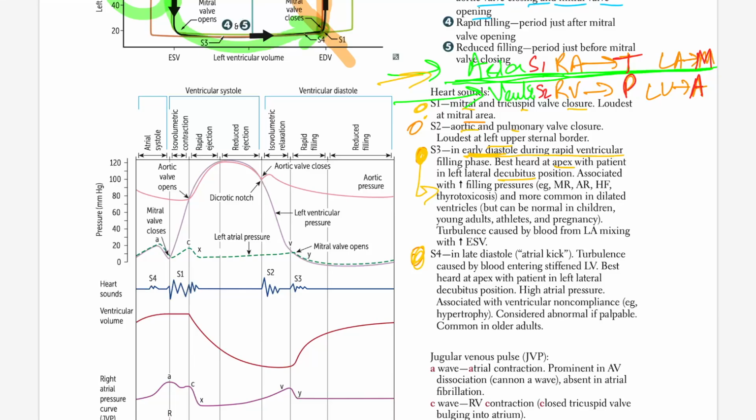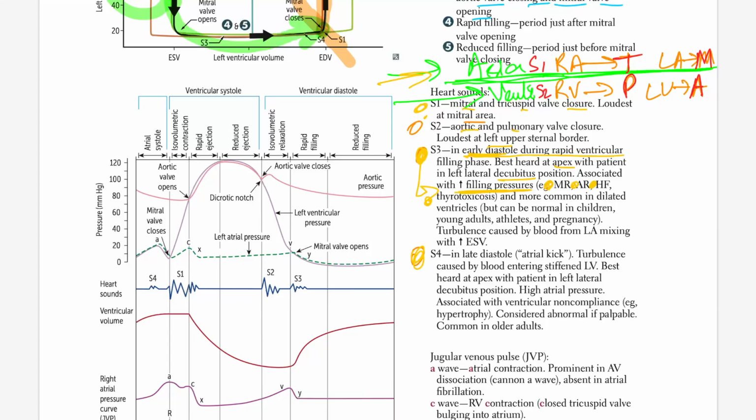It is associated with increase in filling pressure, for example, in your MR, mitral regurgitation, for example, in aortic regurgitation, in heart failure, and thyrotoxicosis, and more common in dilated ventricles. More common in dilated ventricles, but can be normal in children, young adults, athletes, and pregnancy.